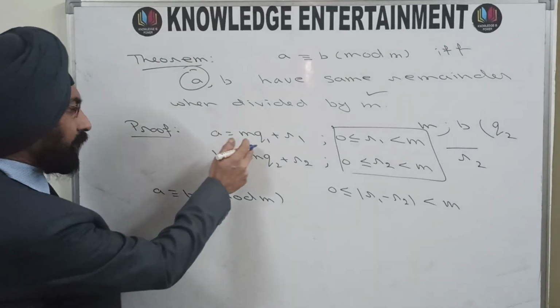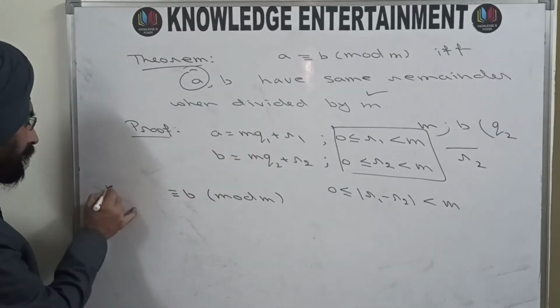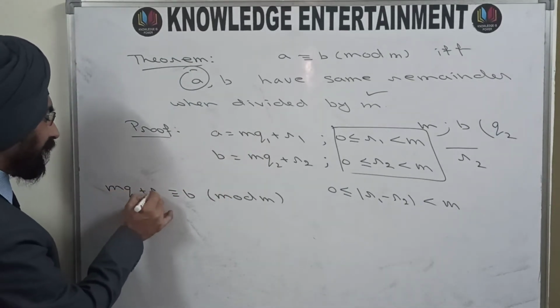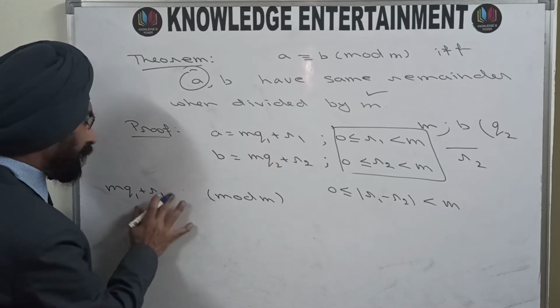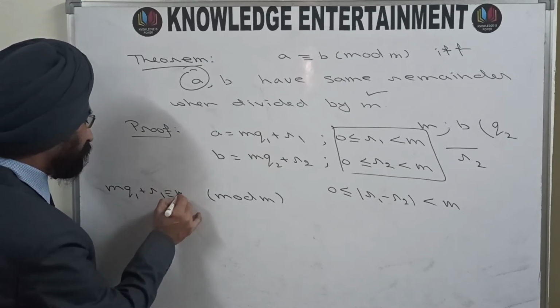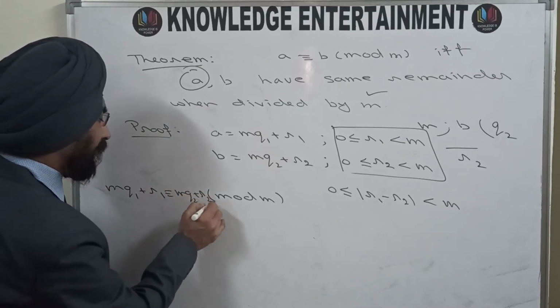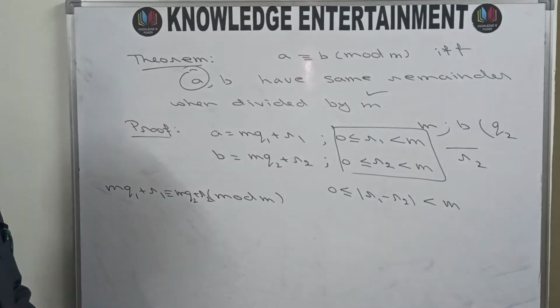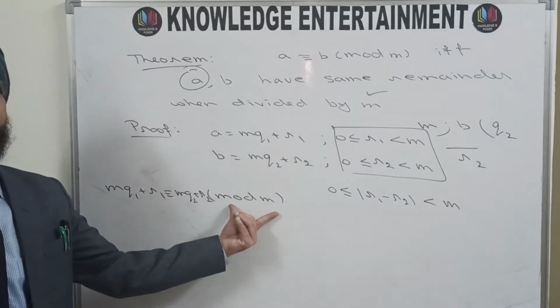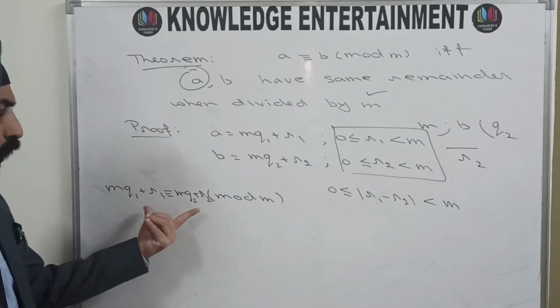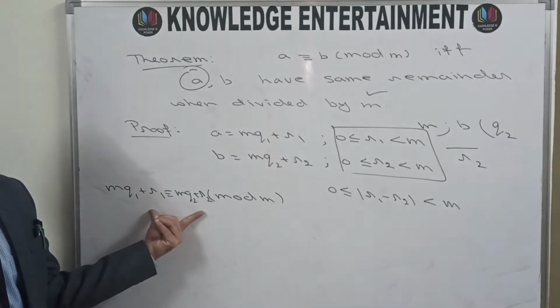What is your A? Your A is M Q1 plus R1. And your B is M Q2 plus R2. Since we are having modulo M here, from this congruence equation, wherever you get a multiple of M, you can delete it.